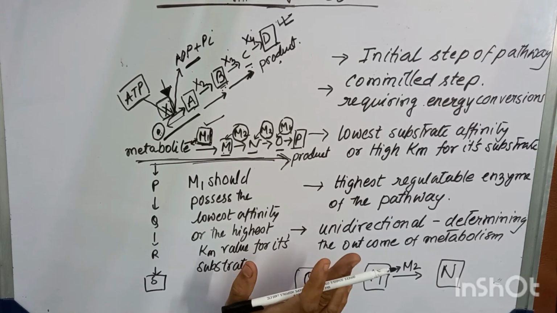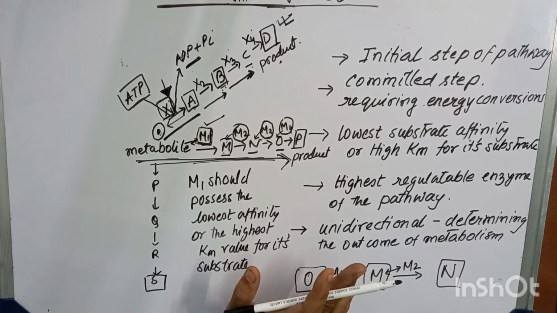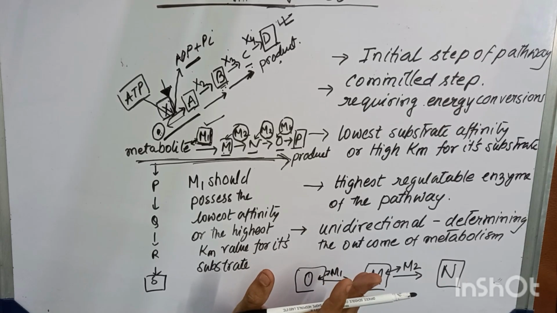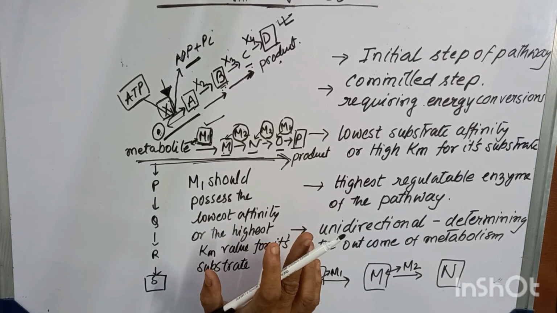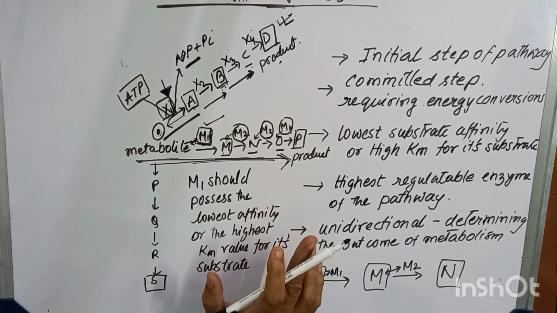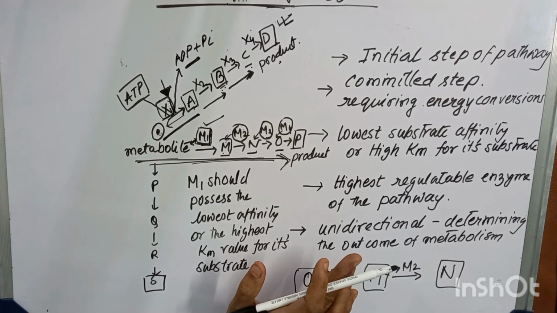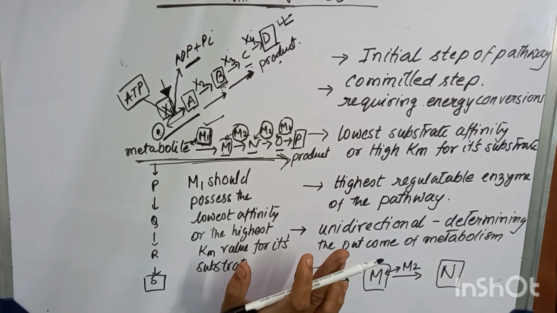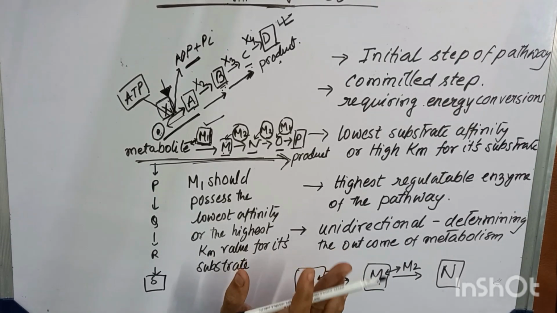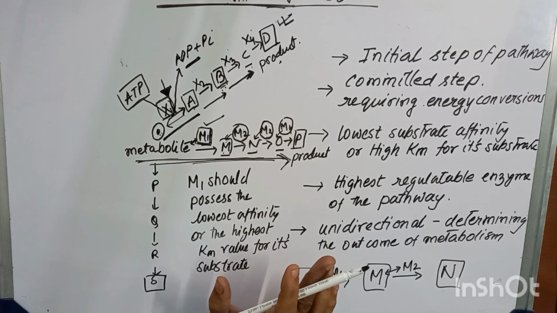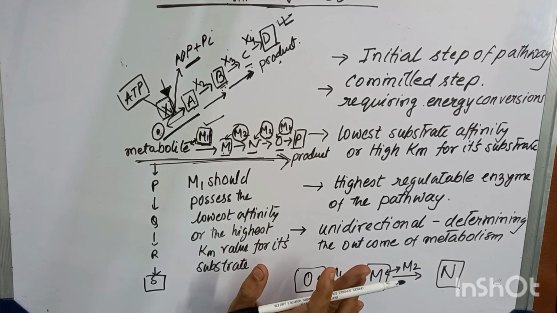When a hormone is secreted, it will regulate metabolism, and it will regulate metabolism by acting on these rate limiting enzymes. So these rate limiting enzymes are very important for studying enzymic actions because these enzymes actually regulate metabolism and they regulate the whole body physiology.